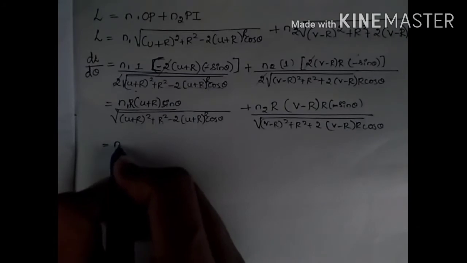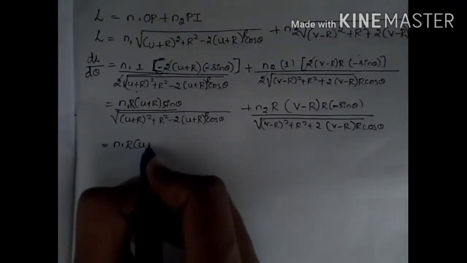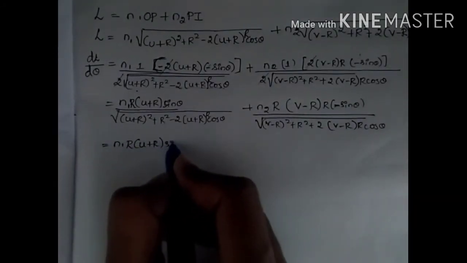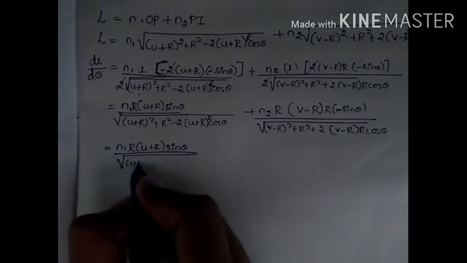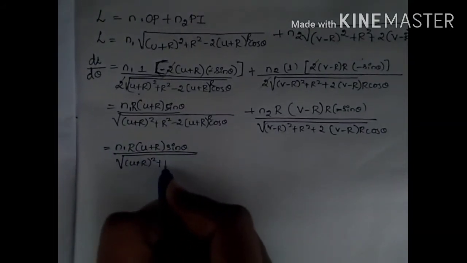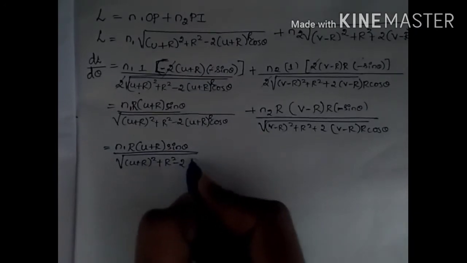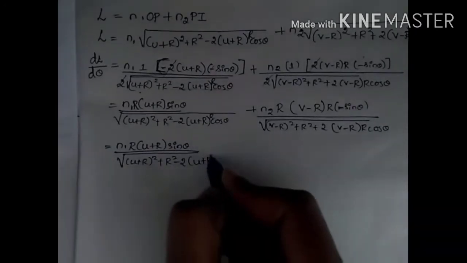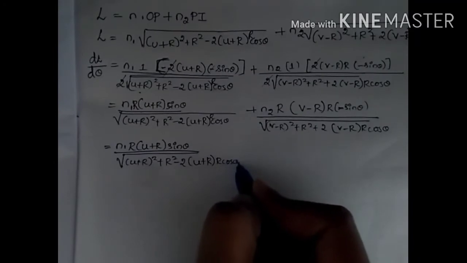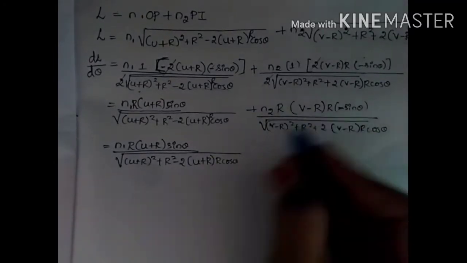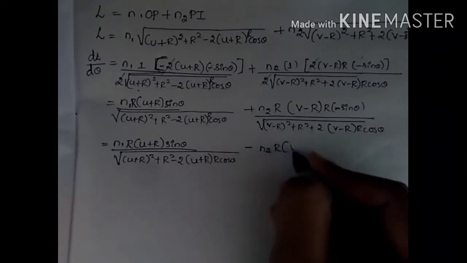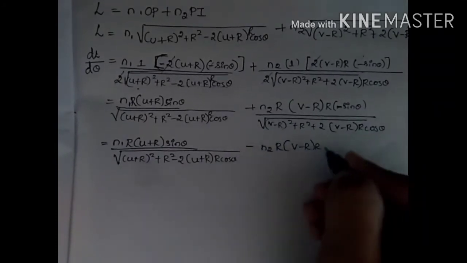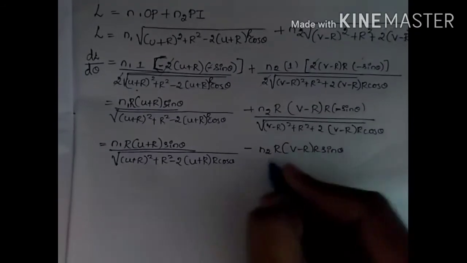So the final equation will be n1 r (u plus r) sin theta, whole divided by the root term (u plus r) whole square plus r square minus 2(u plus r) multiplied by r cos theta. Here the sign comes here, minus n2 r (v minus r) sin theta.